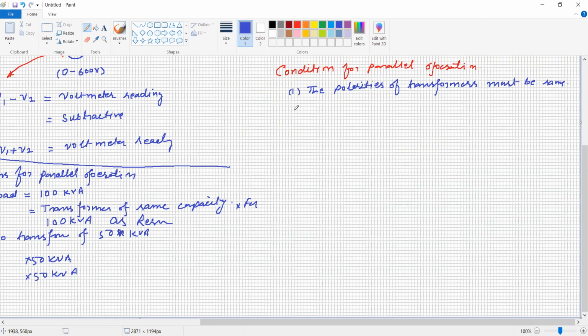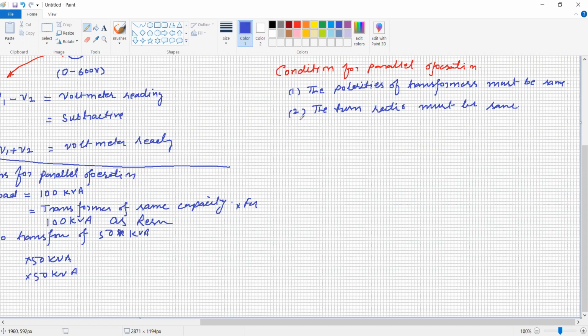Second is that the turns ratio must be the same, say 1:2 or 1:3. The ratio of primary winding to secondary winding must be the same.